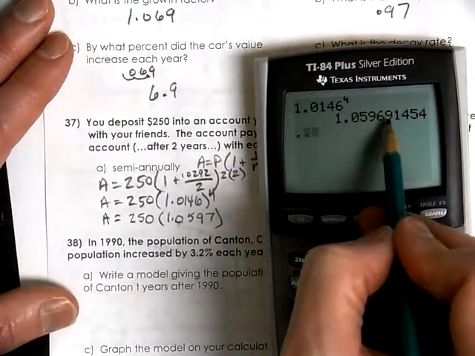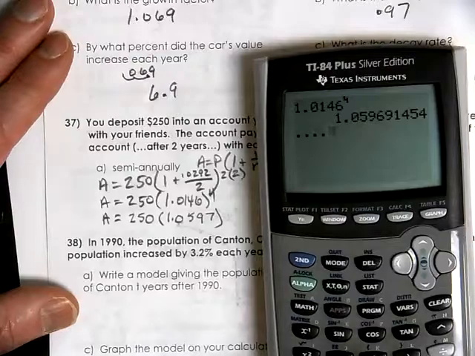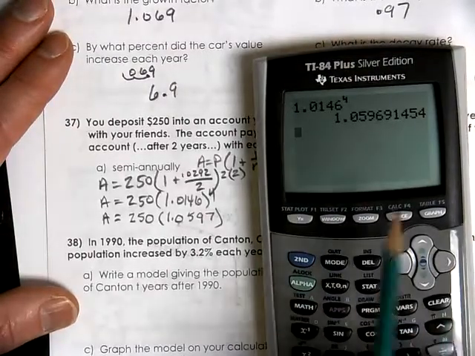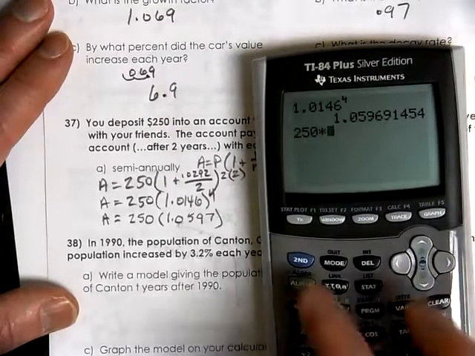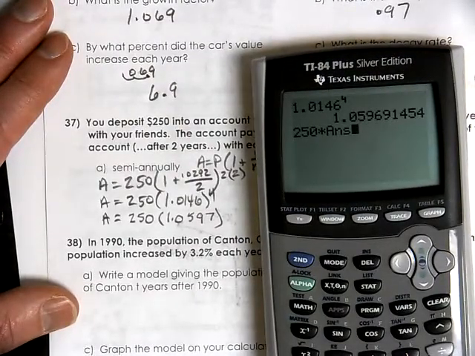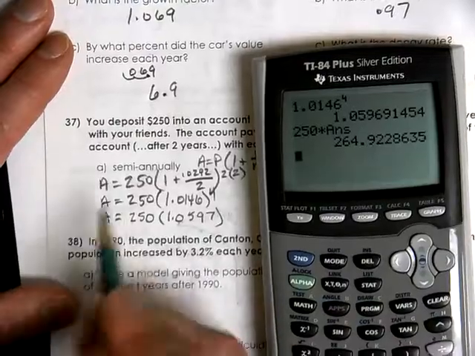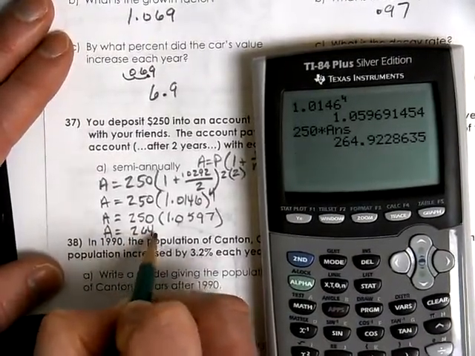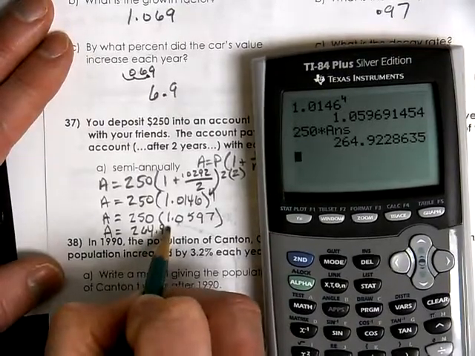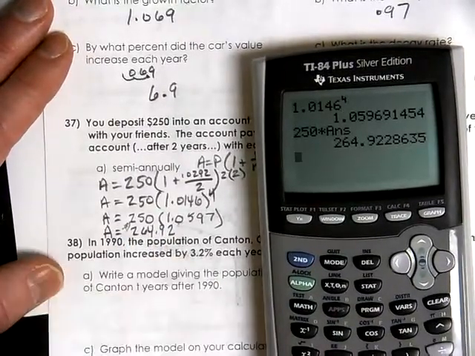About 1.0597 if you want to round that up. But I would suggest to use the real value here. Say 250 times your answer. So your account is going to have $264 in it and 92 cents.